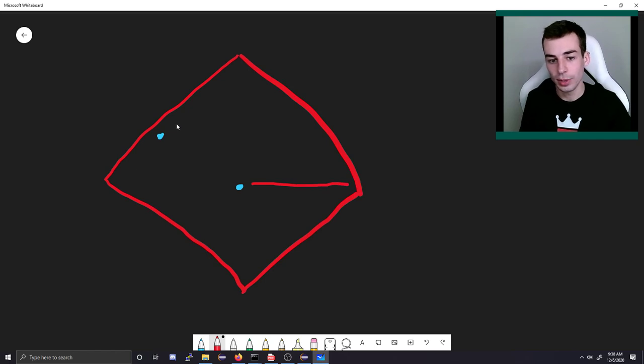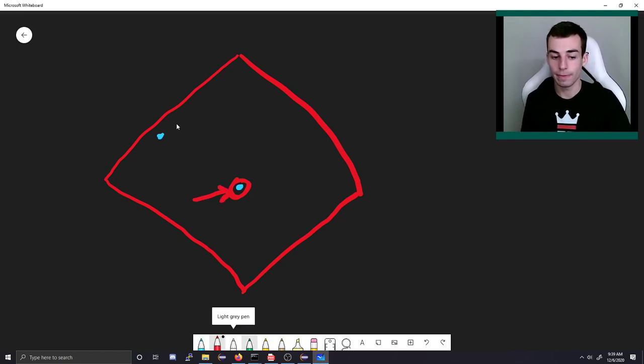So this distance here will be K, this distance here will be K, and then any path that's up and down here to this edge will also be a total of K long. So if we activate this first ball, everything within this distance will then be at this ball's position.